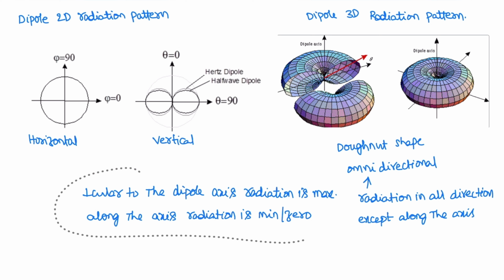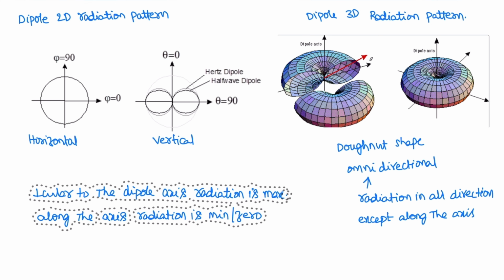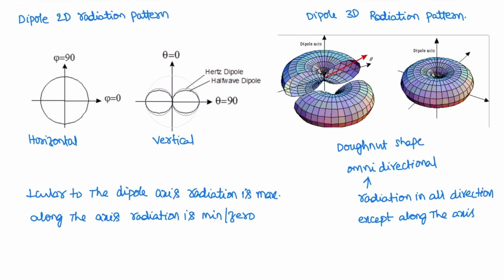So radiation is maximum for this dipole antenna in perpendicular direction, and minimum along the axis. That means along the ends of dipole, radiation is zero. So statement A is correct.